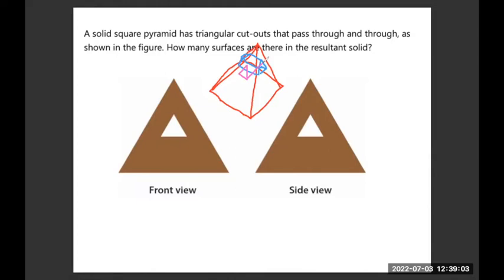Now you can see how it is cut, how many surfaces will be formed. What happens is there will be an intersection point in between both of them, but then there will also be the 4 surfaces which are there. 18, 15, no, wrong answers.